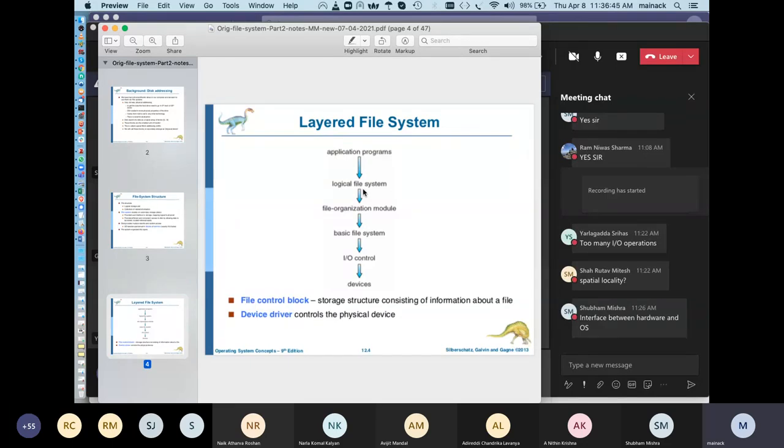So essentially the logical file system creates an abstraction over what files actually are: a bunch of blocks along with some metadata. And this file control block, the storage structure containing information about the file, is also called the inode. Remember this name, inodes, specifically in Linux, but they are basically file control blocks. Everything that you ever want to know about a file.